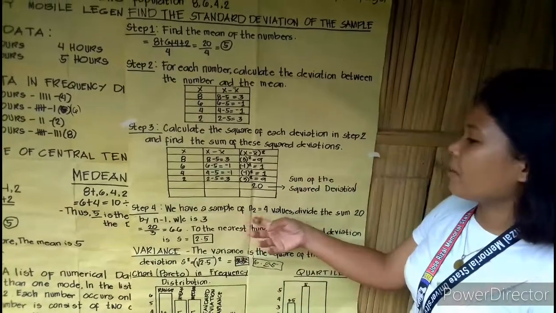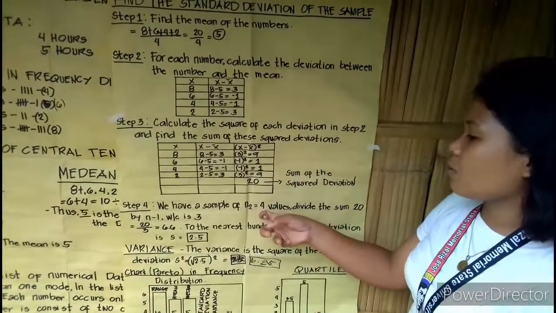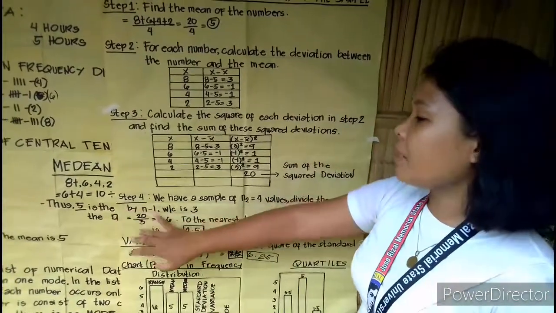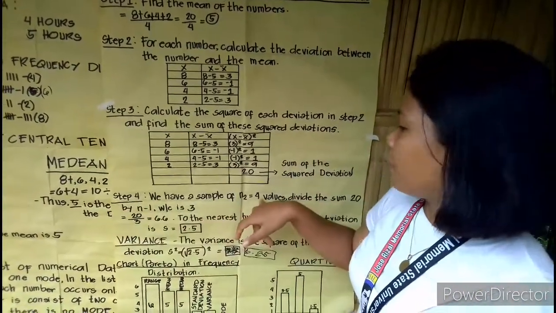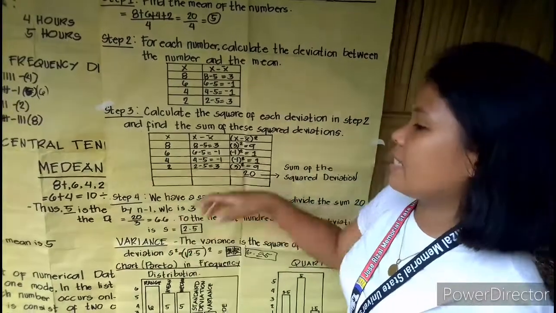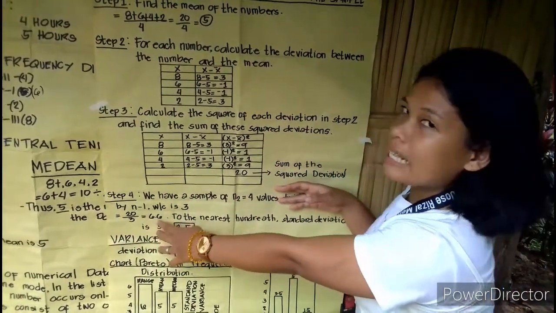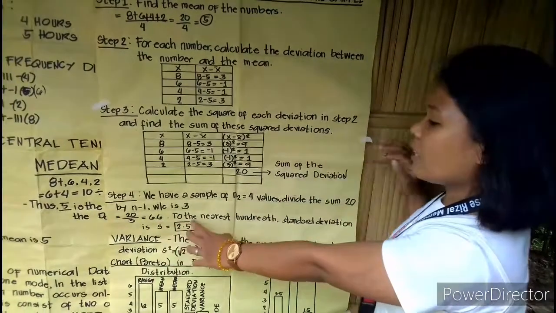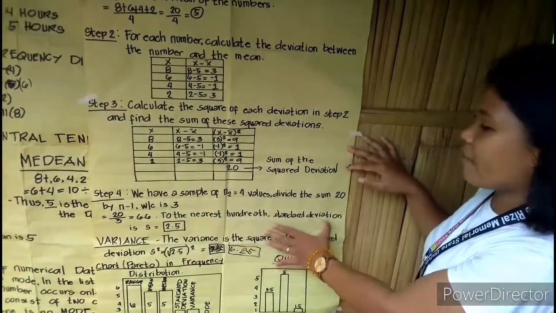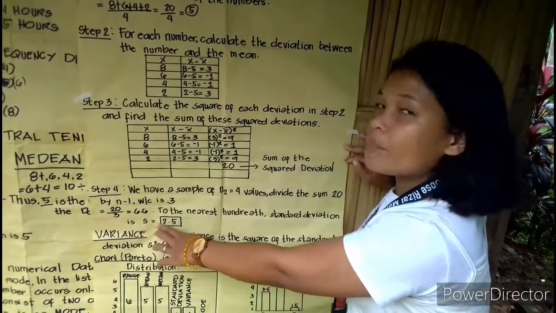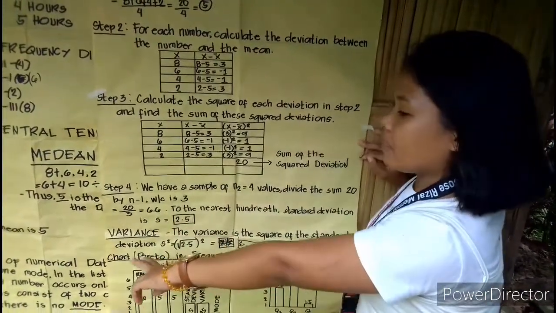We have a sample of n equal to 4 values. Divide the sum 20 by the number minus 1. So 4 minus 1 is 3. 20 divided by 3 is equal to 6.6. To the nearest hundredth, the standard deviation is equal to 2.5.